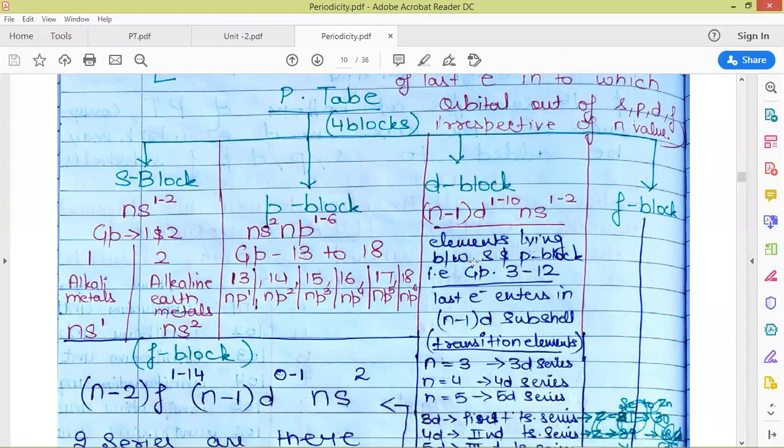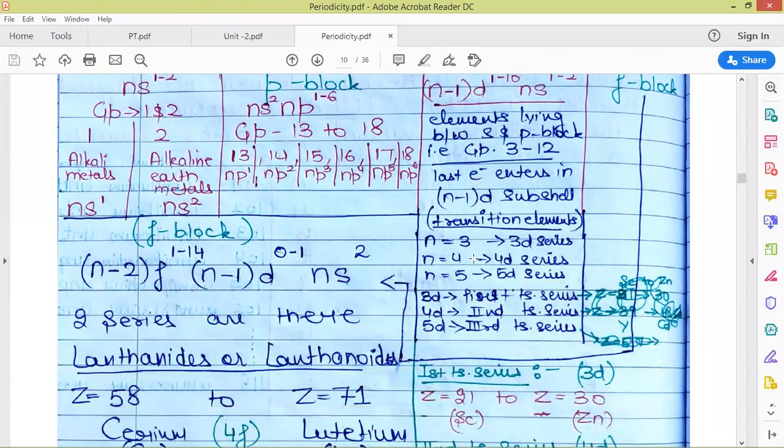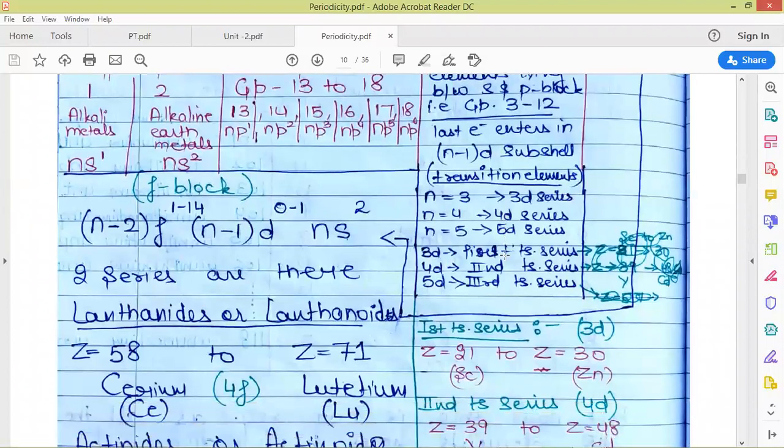So it consists of groups from group 3 to group 12. Based upon that, if n-1 is equal to 3, it is called the 3d series. For n is equal to 5, it is called the 4d series. That means the period number is 1 bigger than the series number.